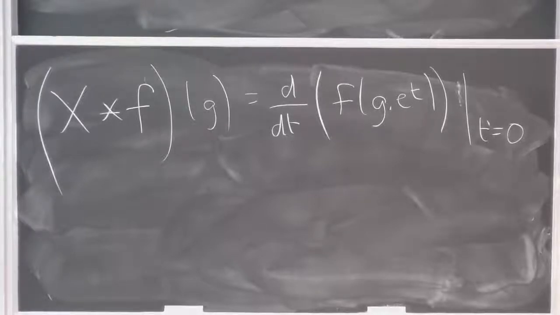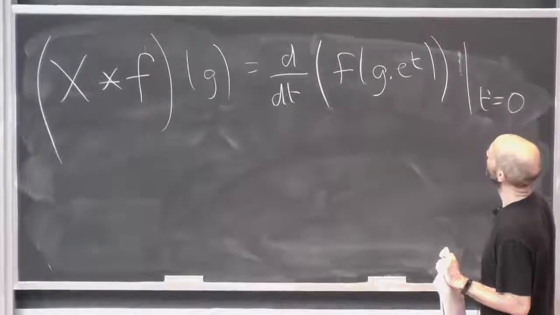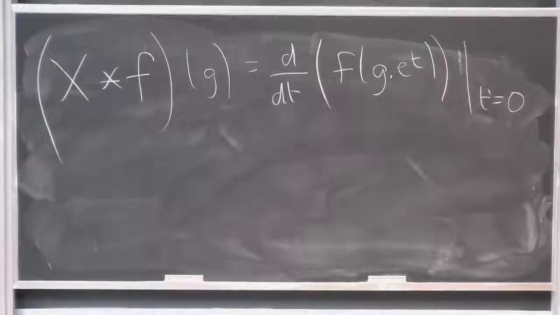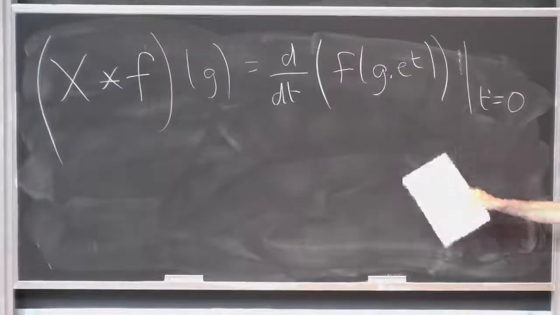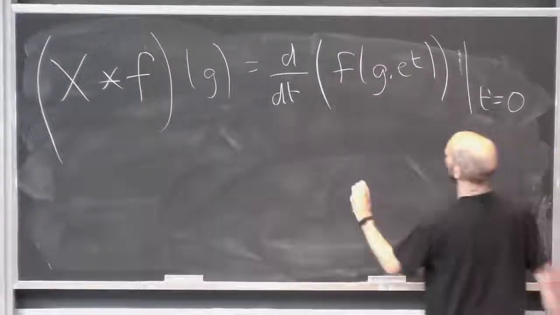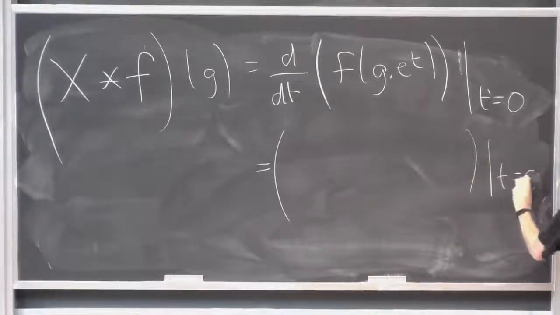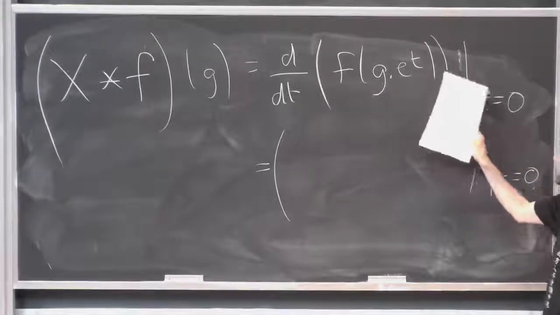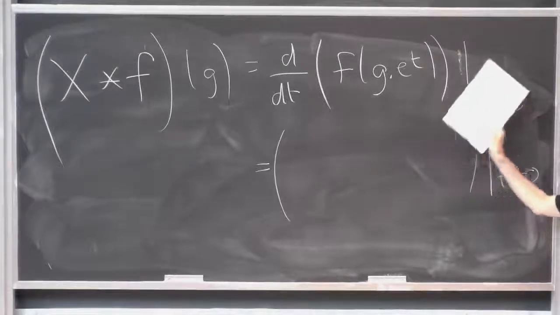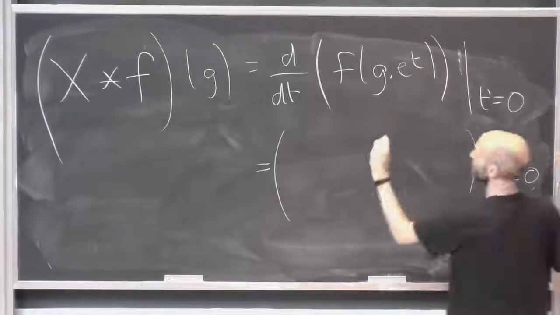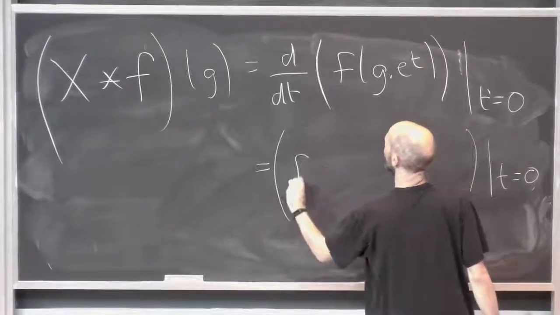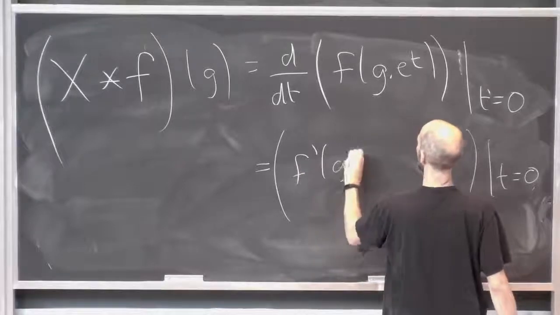Let's see if I can make some sense of this. f of g times e to the t. Oh, crumbs. I've got to differentiate this with respect to t. I use the chain rule. Right, great. So I'm going to be able to do this, at t equals 0. It's f of something, so the derivative is f dashed of g times e to the t.